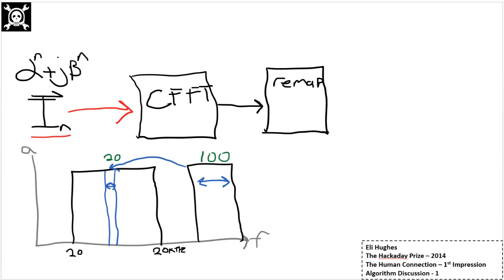What do you do with that data? You have 100 bins worth of data that have to go into 20. So every 5 bins, you could sample every 5th and dump it in, or you could take a frequency average of 5, or do you do something else? And this is the key part: what do you do when you do this remapping?